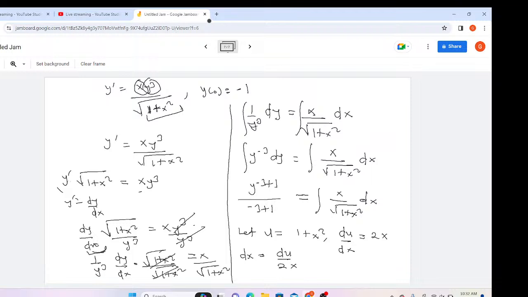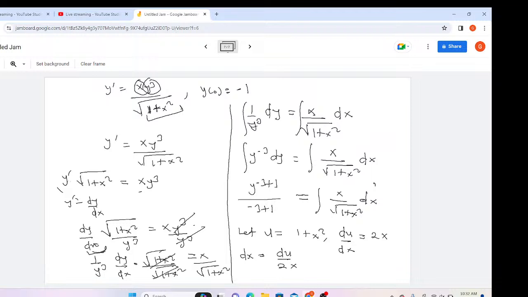To integrate using substitution, you should always have foresight: when I differentiate the function in the denominator, will I get a multiple of the one on top? If yes, then you can go ahead using a substitution. So with 1 plus x squared, you can glance through. When I differentiate 1 plus x squared with respect to x, what do I get? 2x. Is it a multiple of the numerator x here?